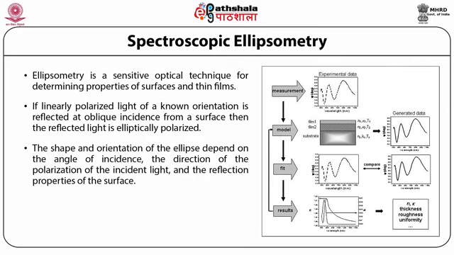The shape and the orientation of the ellipse depend on the angle of incidence, the direction of the polarization of the incident light, and the reflection properties of the surface. So modeling the data gives us the film thickness.